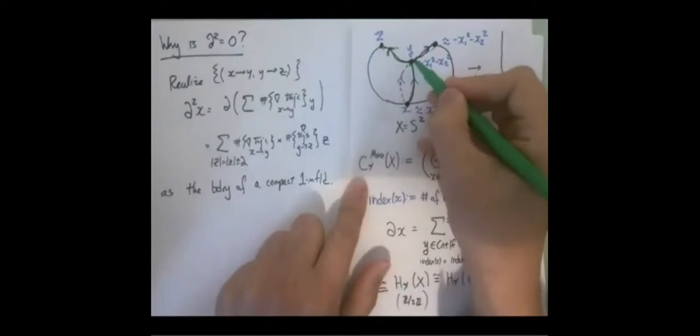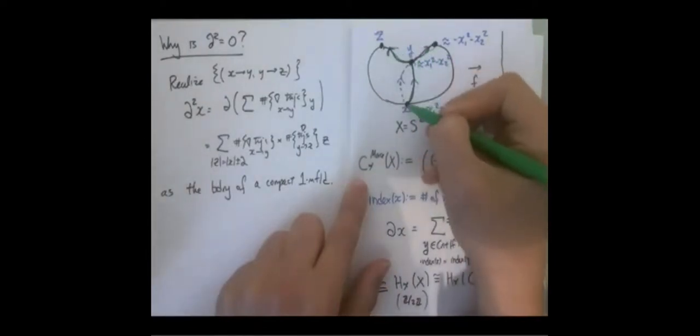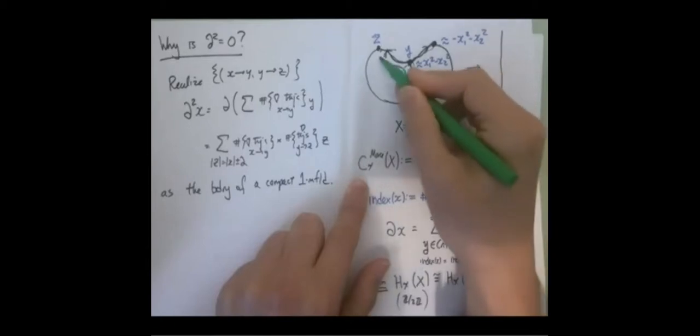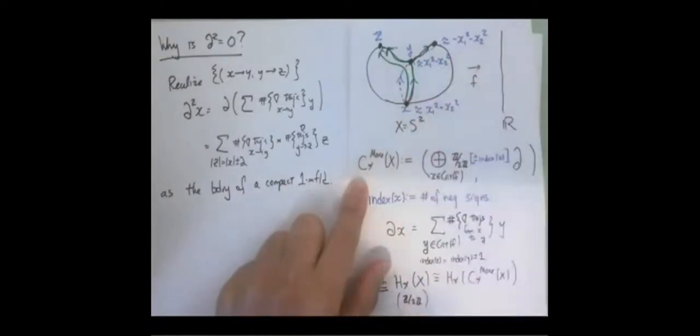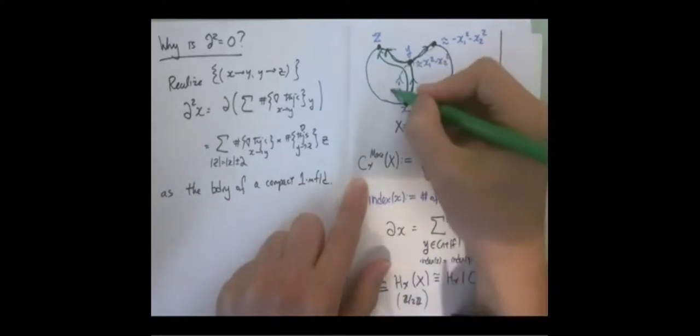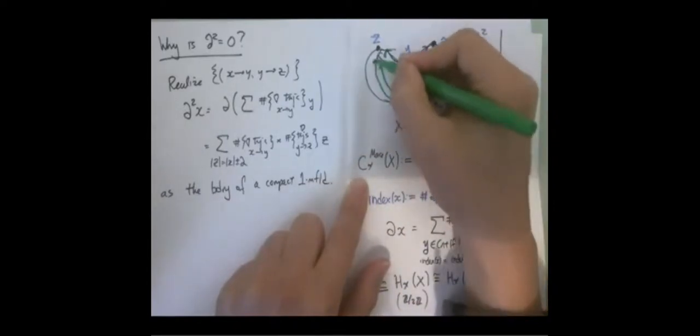What we realize is that this broken trajectory, so one that passes through y, looks very close to a different gradient trajectory, which I'll draw here in green. Some gradient trajectory that goes directly from x to z. And what we realize is in the situation where x and z are indexed 2 apart, there's actually a one parameter family of such gradient trajectories.